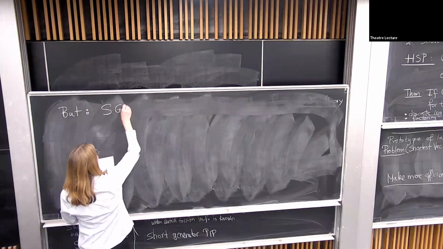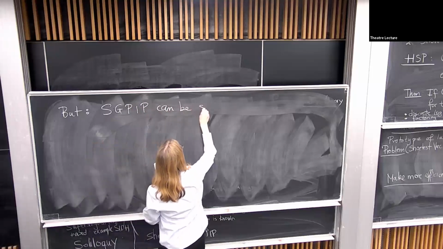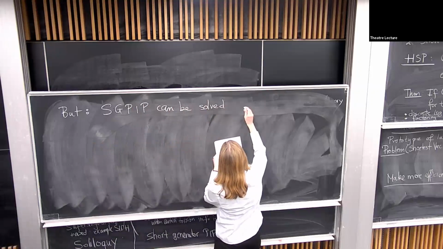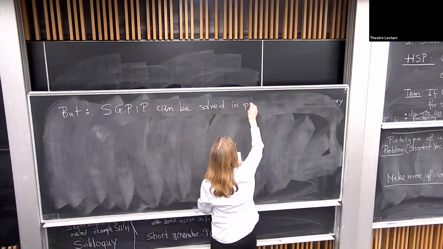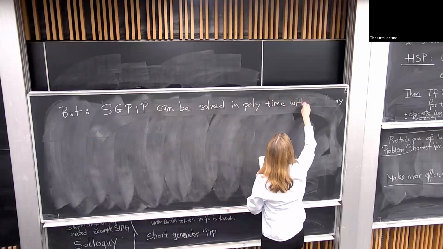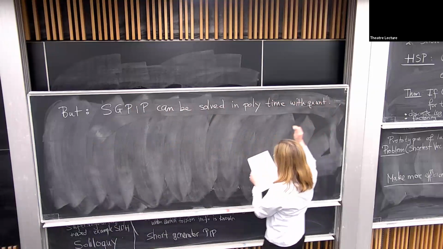So the short generator principal ideal problem can be solved in polynomial time with a quantum algorithm. And how does that work?